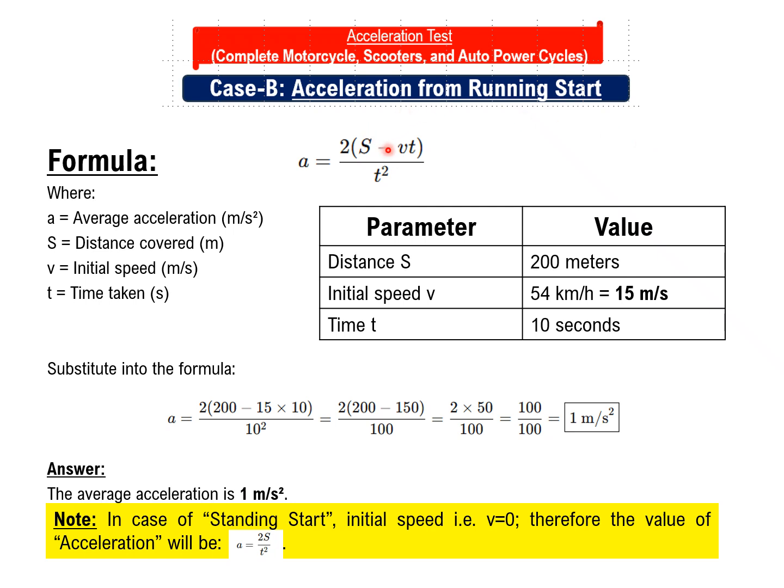So if we put v = 0 in this equation, then we get a = 2 into (s minus 0) divided by t square, that is, a = 2s by t square. That is the same formula we used in the previous case, that is in case A, to calculate average acceleration with a standing start, that is with a dead stop.